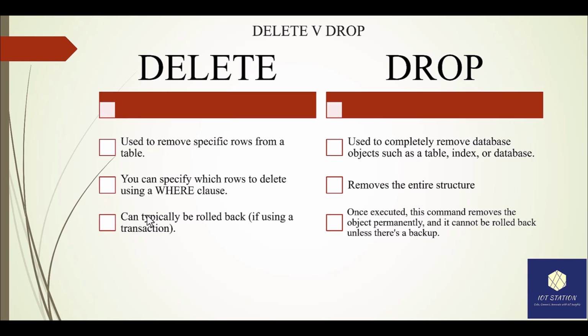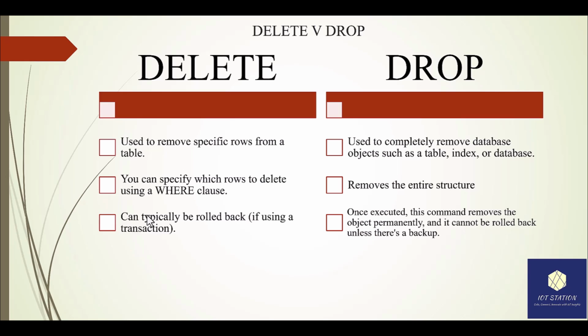There you can define the condition in the delete, and also you can use rollback to restore the data which is deleted. There is one point here. By default in PostgreSQL, it automatically commits all the commands. So if you do this in delete, it will delete permanently.